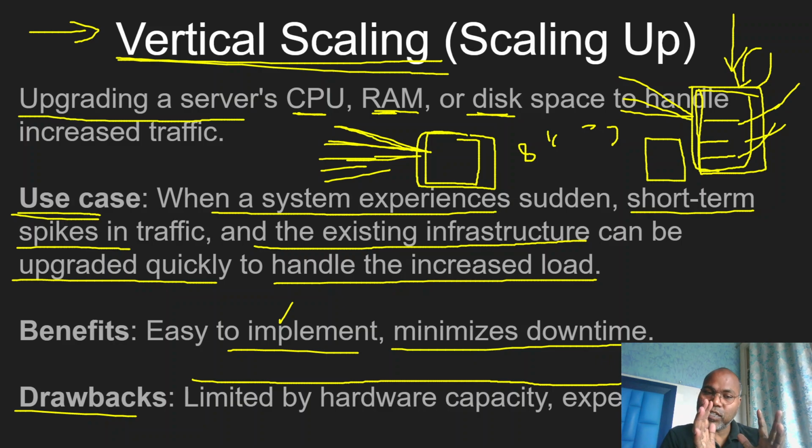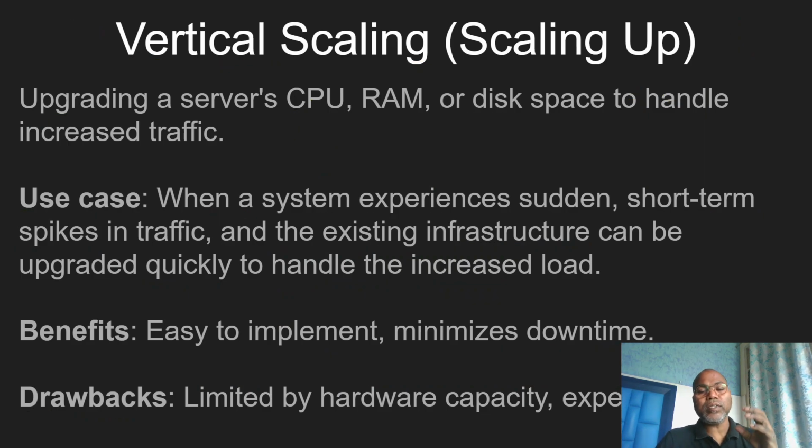But for smaller, low traffic over a short period, it's good. It's very easy to implement. Just increase the RAM, increase the memory, and your system can work perfectly. This is known as vertical scaling. Vertical means whatever your server has, you make it more and more powerful: increasing RAM, increasing memory.